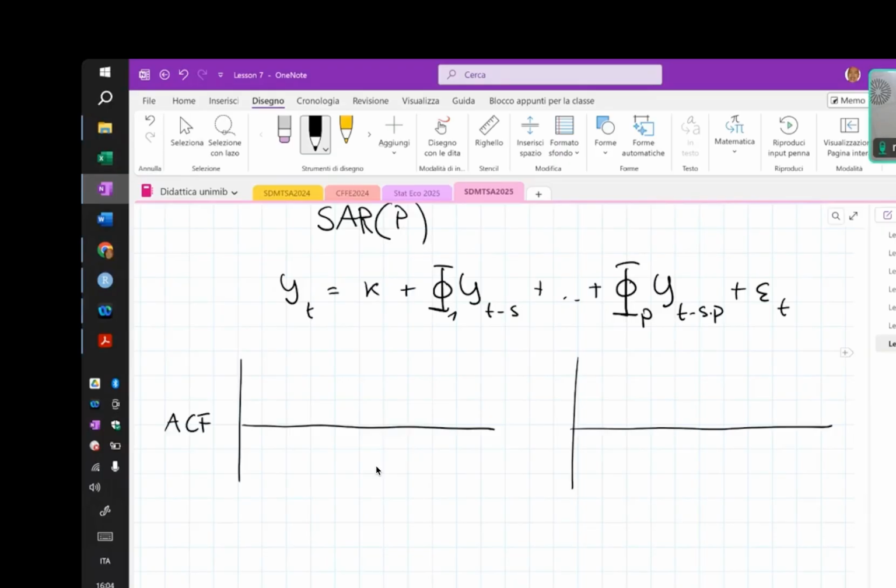So the autocorrelation function, let's take, for example, s equal to 4, so a quarterly time series, so I don't have to write too long examples. The autocorrelation function of a purely seasonal autoregressive process is 0 for lag 1, lag 2, lag 3. Then lag S, which is 4 here, shows up. And then we have again zeros for lag 5, 6, 7, and then lag 8 comes up, but lower.